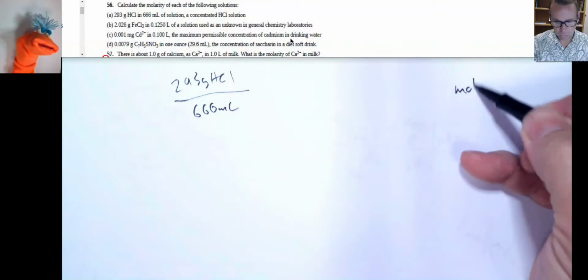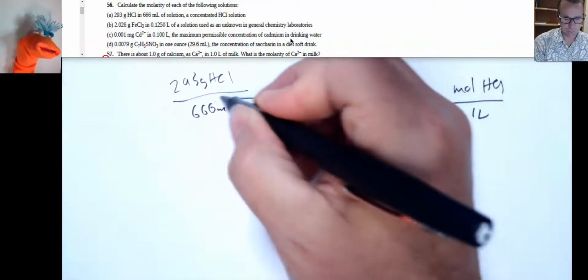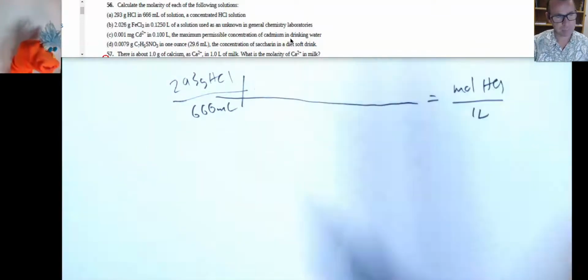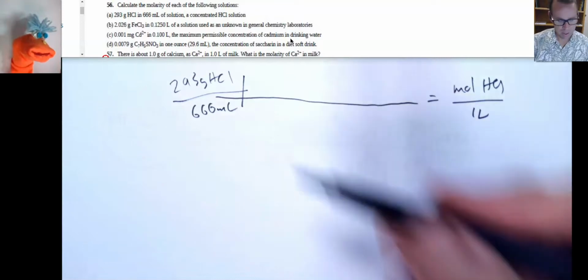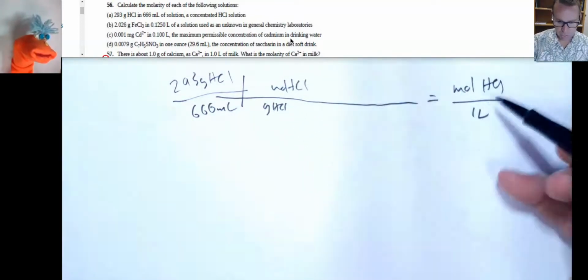And I want moles of HCl for every liter of solution, right? I can go from grams of HCl to moles of HCl and get my moles on top.